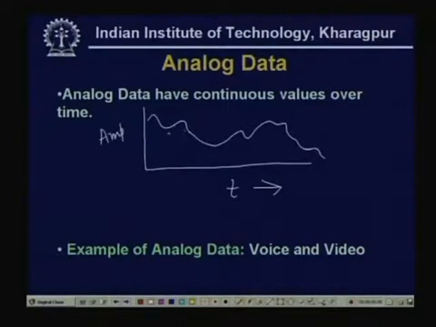You can see within this duration, say time 0 to time, say, t, a large number of values or infinite number of values have been sent. So that means the signal levels can vary within some range, say a max, any value within that range. Then we call it analog data. So this is the example of analog data.